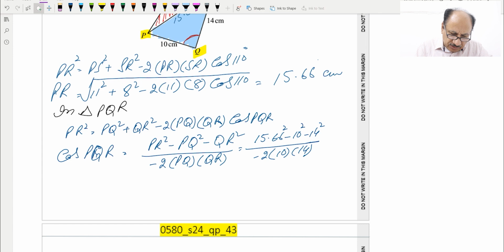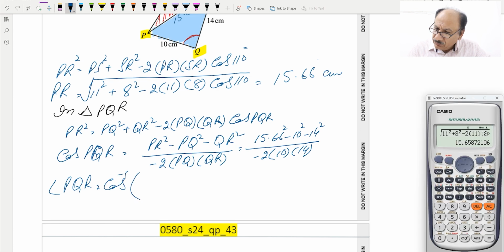Now we can write angle PQR is equal to cos inverse of the same thing, which we can calculate: 15.66 square minus 10 square and minus 14 square, and over minus 2 into 10 multiplied by 14 as well.